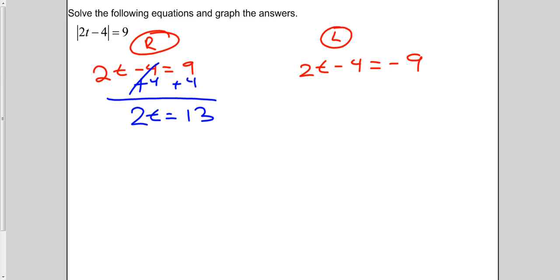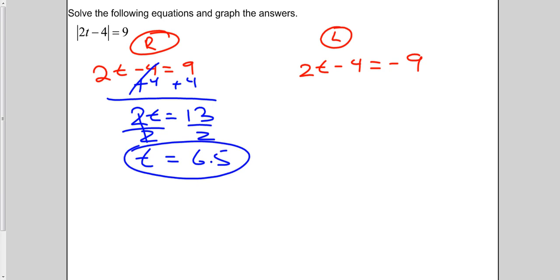That's what I like to call them. So that's going to give me 13. I'm going to divide by 2 on both sides, and I get t is equal to 6.5. That's one answer. Okay? And now I'm going to do the same thing on the other side. Okay, I'm going to add 4 to both sides and then divide by 2. I apologize.